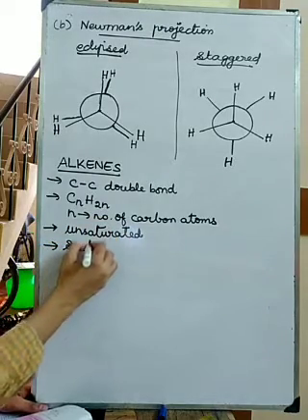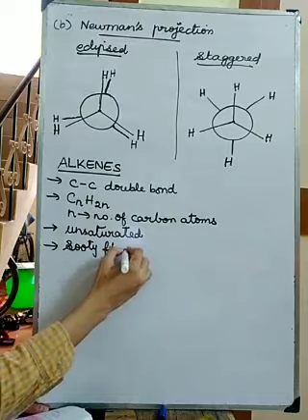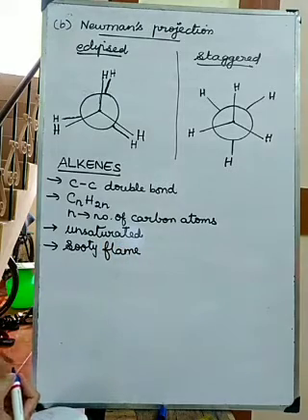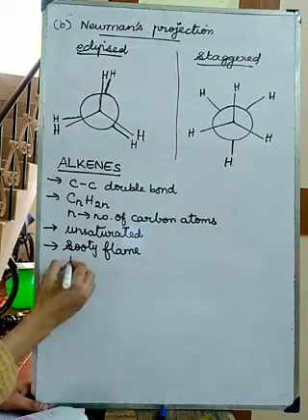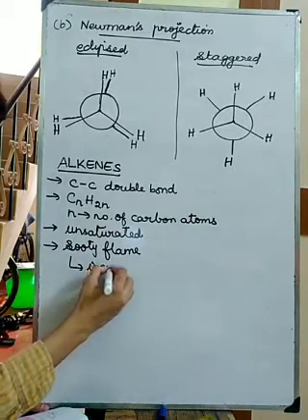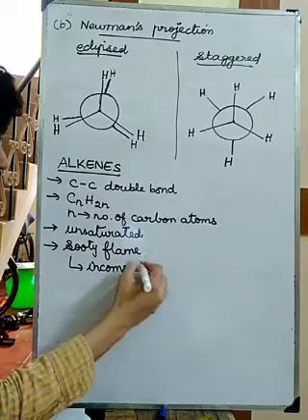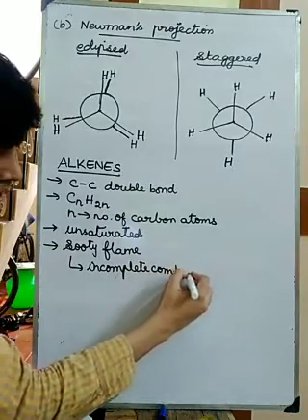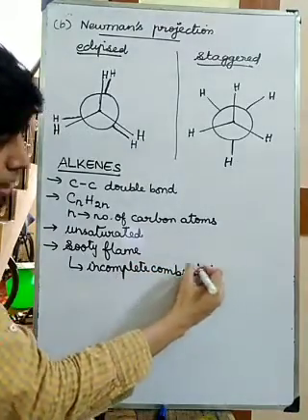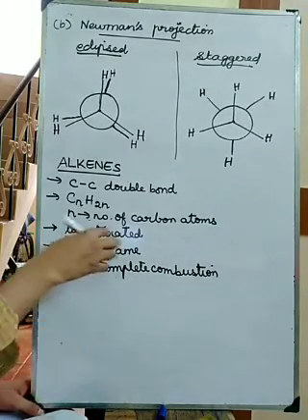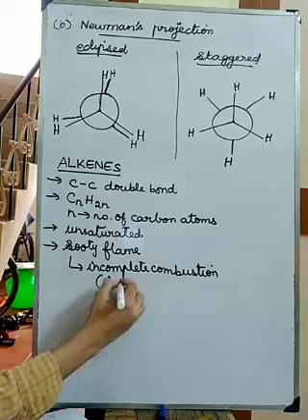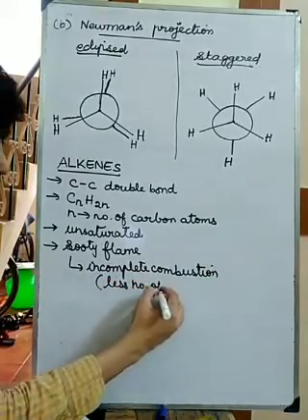They will give a sooty flame. What do you mean by sooty flame? They will burn in yellow color with black smoke. Why are they giving a sooty flame? Because of incomplete combustion. Why do they undergo incomplete combustion? Because of the smaller number of hydrogen atoms.